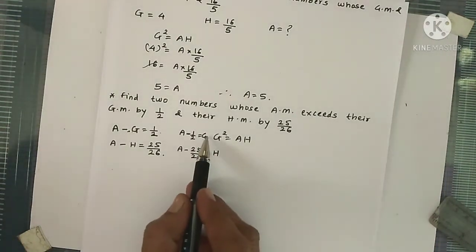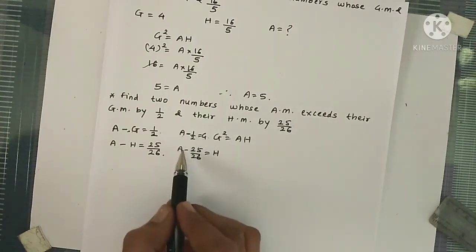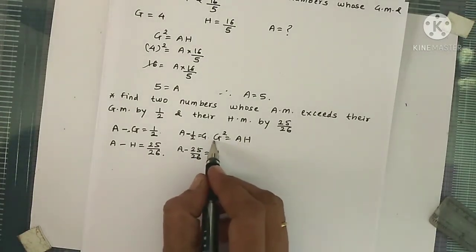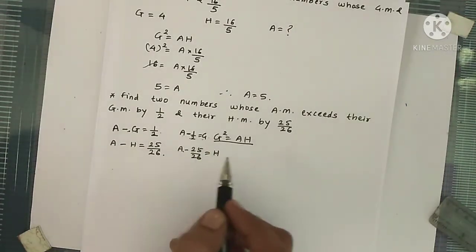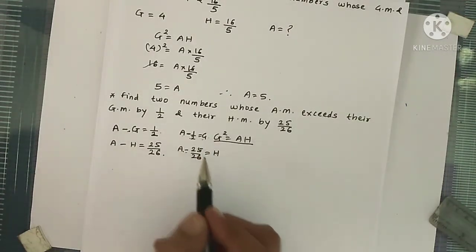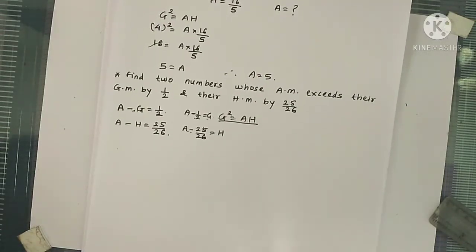We are expressing G and H in terms of A, so that in this equation we can put G as A minus 1 by 2 and H as A minus 25 by 26. So equation will be in terms of A only.